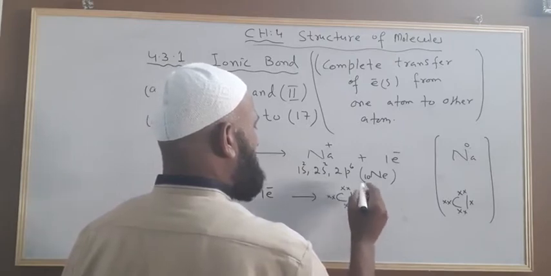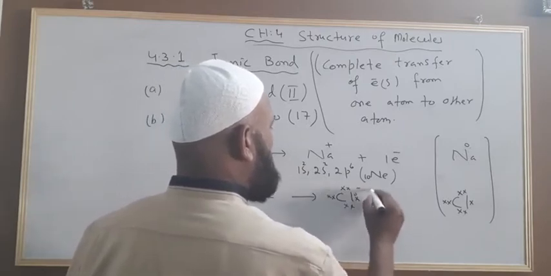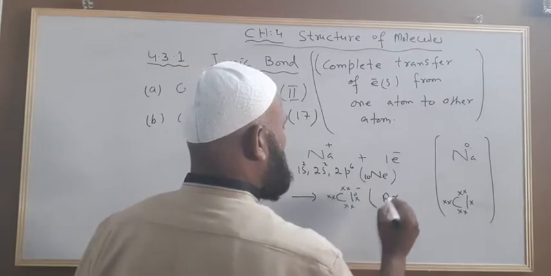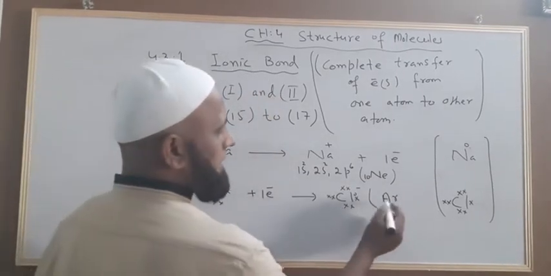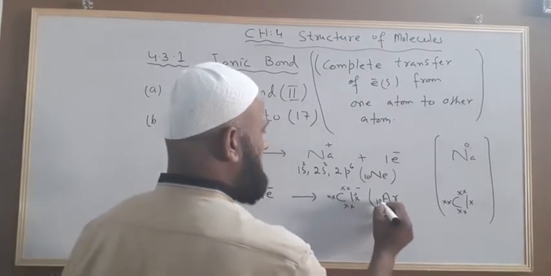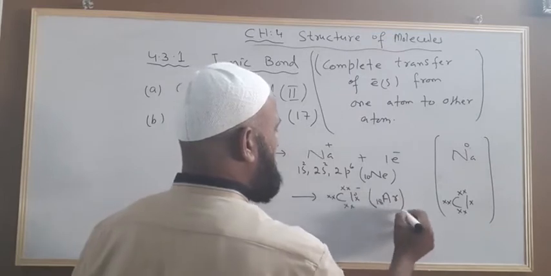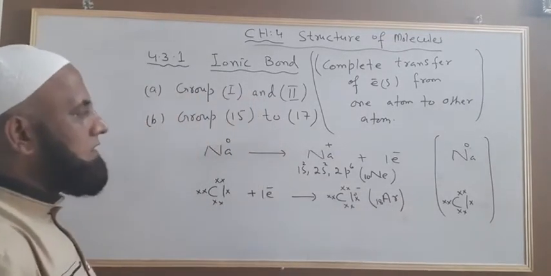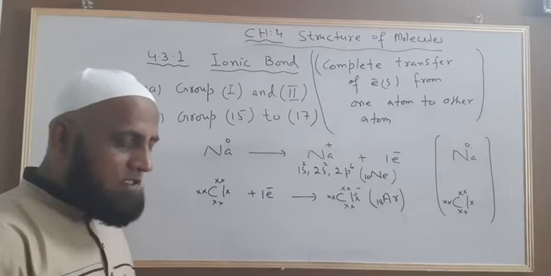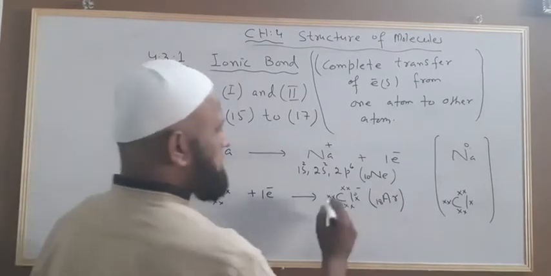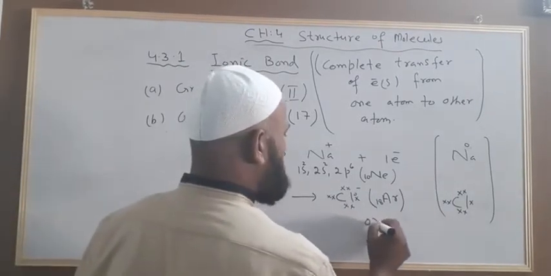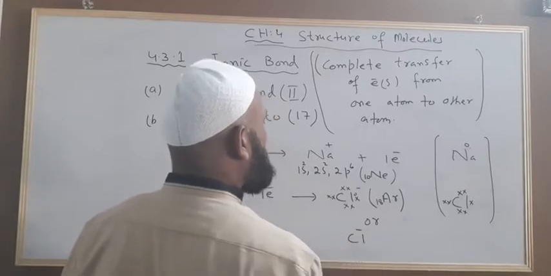Now here it has taken 1 electron, so it would get the electronic configuration of argon. We can also write chlorine in this form, as Cl minus.